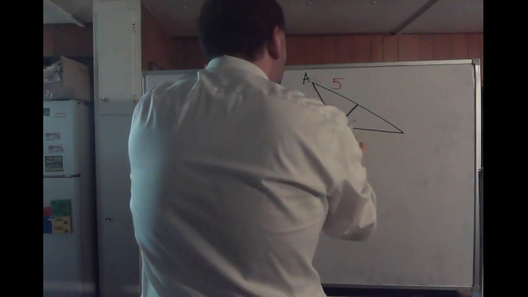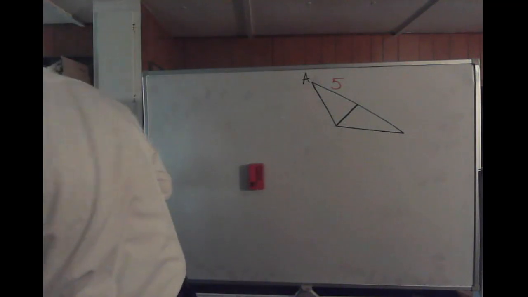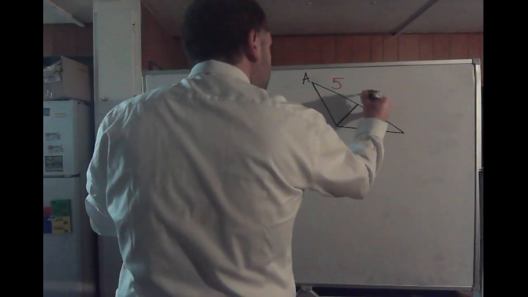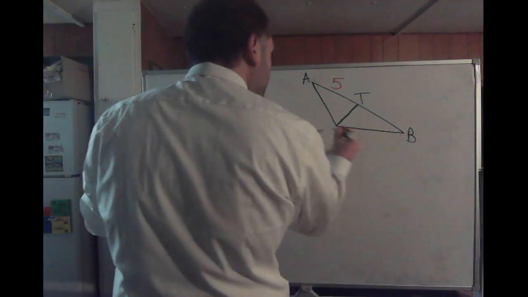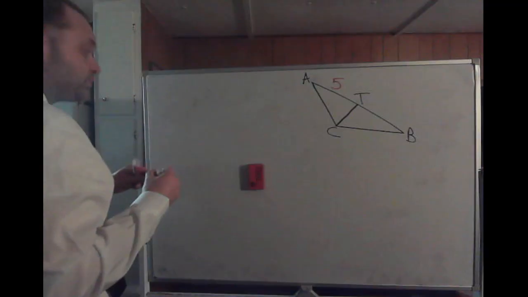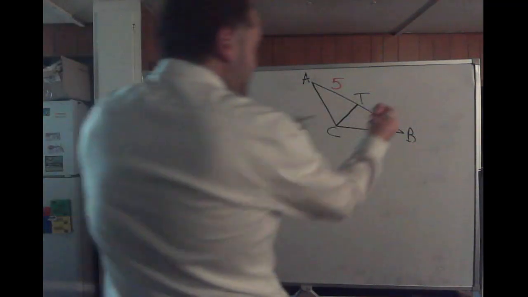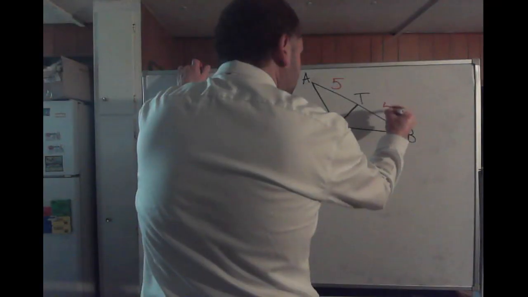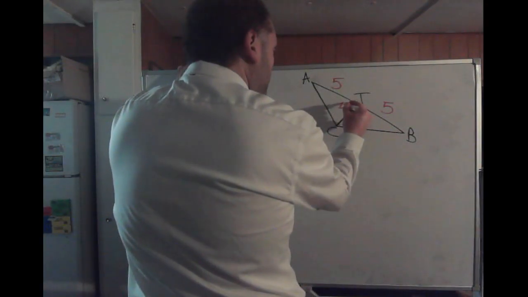Hold on, I got that backwards here. One second. I got my labeling backwards. I drew the diagram right, I just didn't label it right. A, there's T, there's B, there's C. Okay, we're good now. Now I got it correct. So AT is 5, BT is 5, but CT is 4.